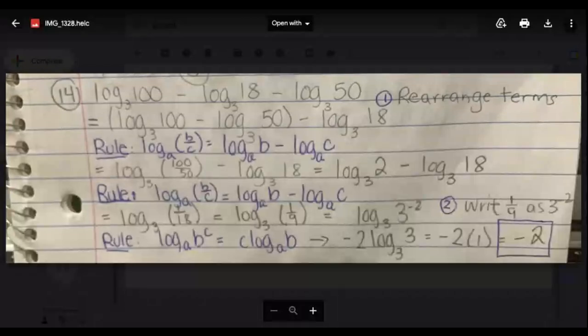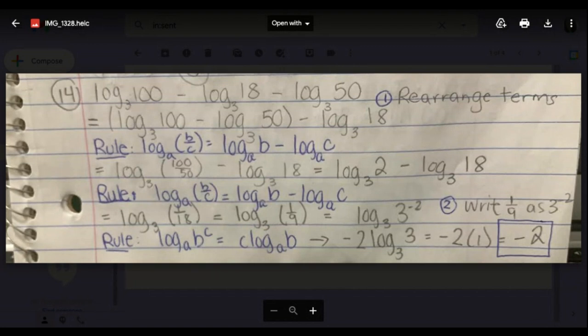Yes. So I'm doing homework 11, question 14. The first step is to rearrange terms, so it's going to be log base 3 of 100, minus log base 3 of 50, close parentheses, minus log base 3 of 18. Then you apply the rule log base a of b over c equals log base a of b minus log base a of c.